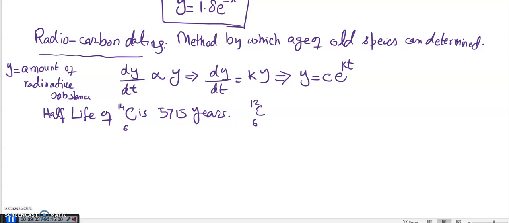But when that organism dies, there is a change of this ratio from the radioactive carbon to the normal carbon.